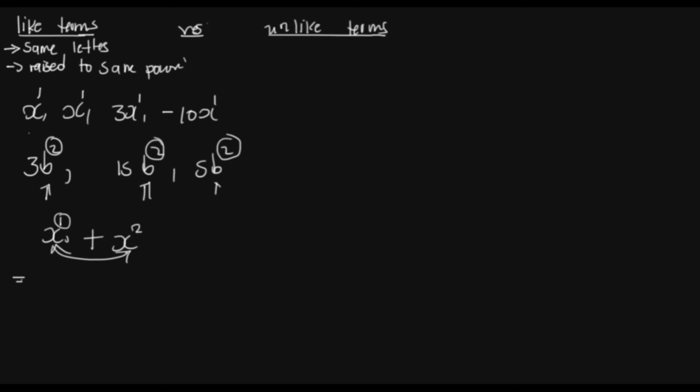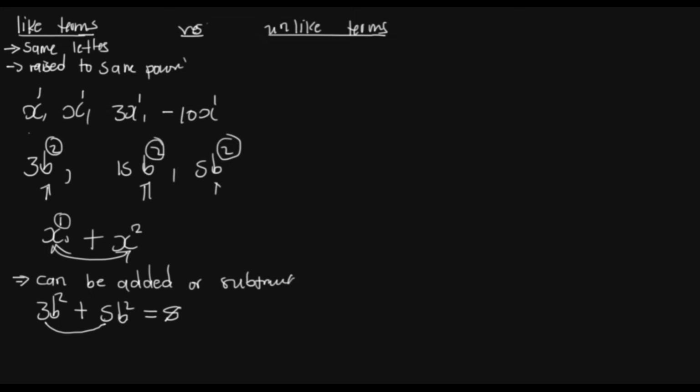Then the other thing that we have to know is like terms can be added or subtracted. So what we are saying is if let's say we have 3b squared plus 5b squared, when you are adding, first you need to add the coefficients. So 3 plus 5, we get 8. Then we have the b squared.